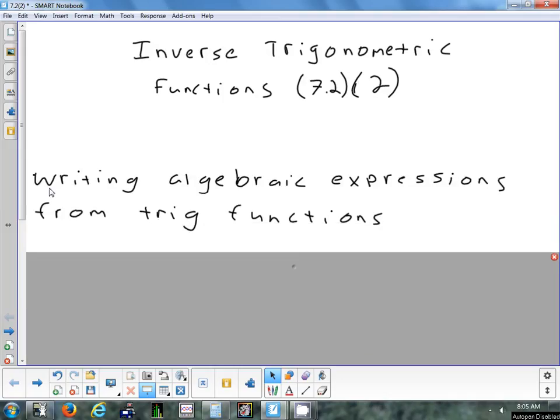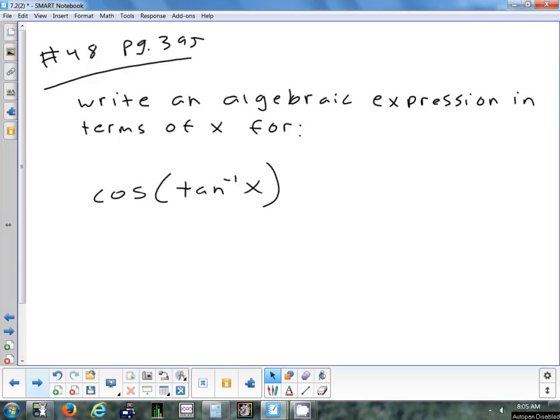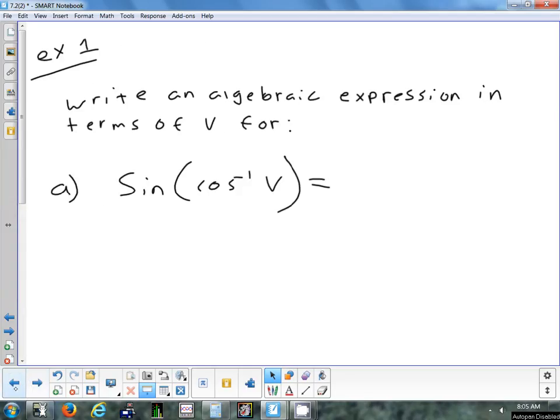Okay, so the goal is, we're going to take something that looks like this, or like that, and we're going to get rid of all the trig in it. We're going to convert that into something that's just algebra. So if it's just an algebraic expression, that means there's no sines, there's no cosines, nothing like that.